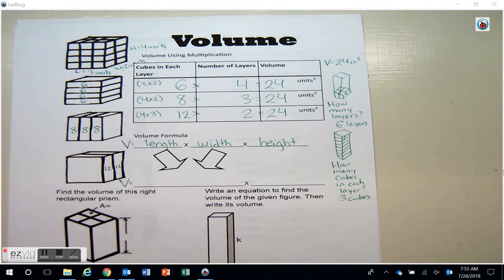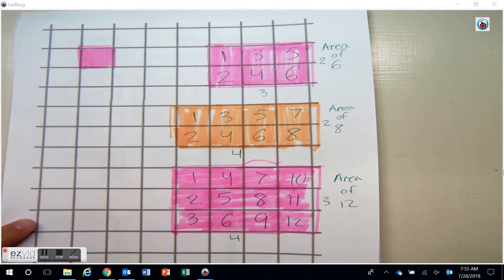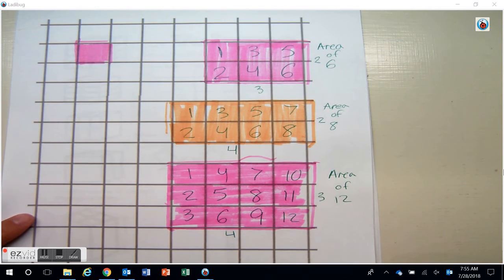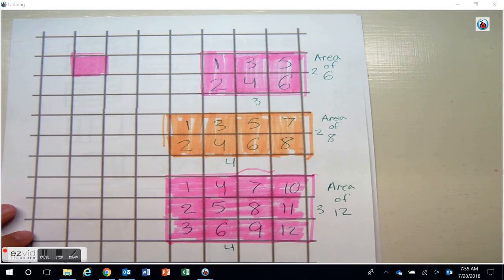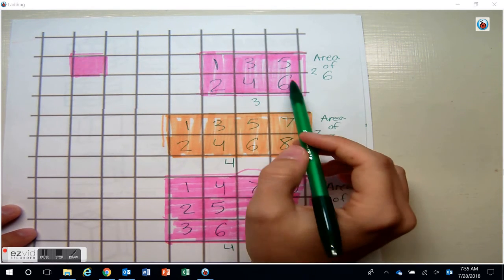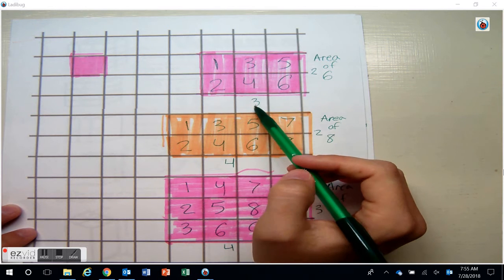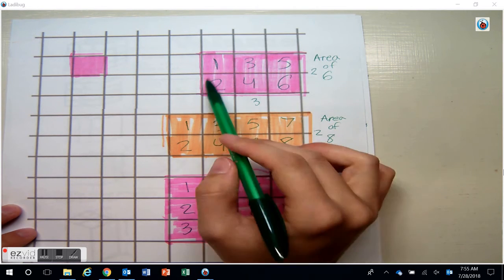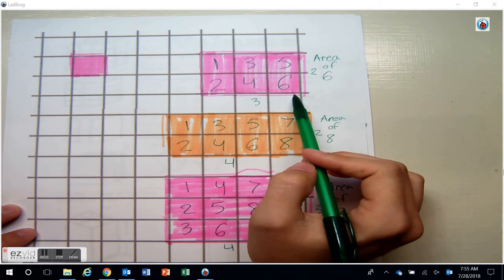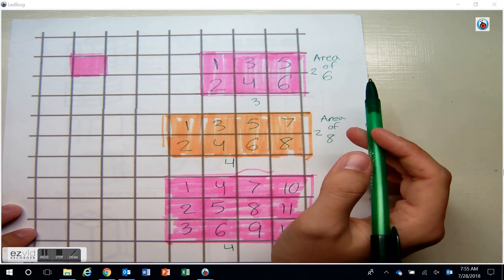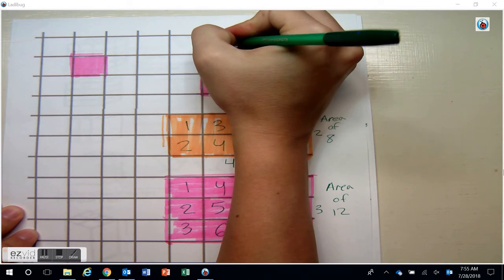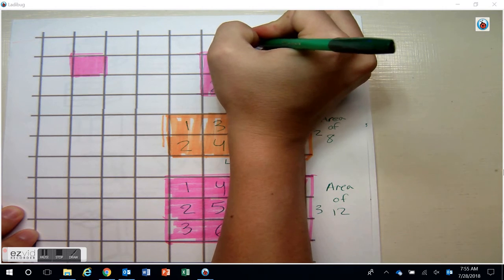Now for volume, we actually have 2 formulas. They will give us the same volume, but we like to pick the one that uses the information that's given to us. Our second formula has to do with what we've been talking about a lot today already, which is area.